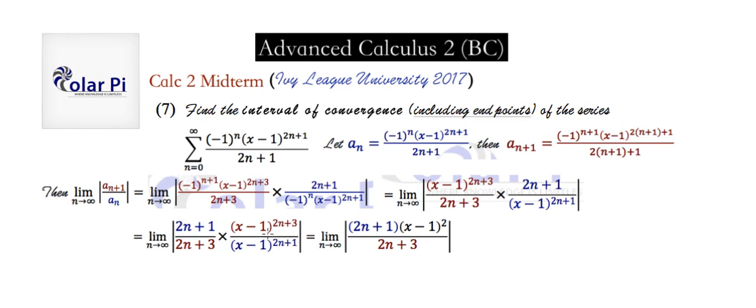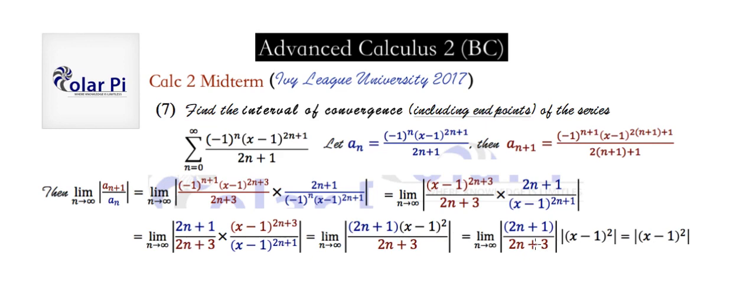Those two simplify to just (x minus 1) to the second power in the numerator, and then otherwise we have these two still here. In our next step, we give two separate absolute values, one to the quotient (2n plus 1) divided by (2n plus 3), and the other to (x minus 1) squared.